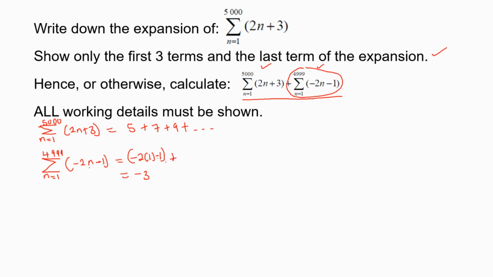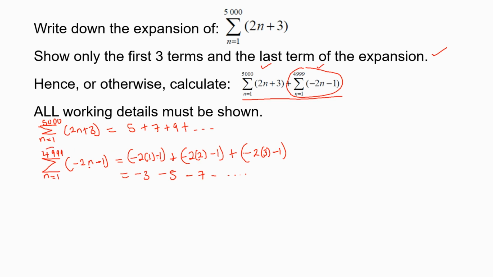Then plus, we put 2 where there's n: negative 2 times 2 minus 1. Negative 2 times 2 is negative 4, negative 4 minus 1 is negative 5. And then plus negative 2 times 3 minus 1, which is negative 6 minus 1, which is negative 7. It goes on like that up to term number 4,999.